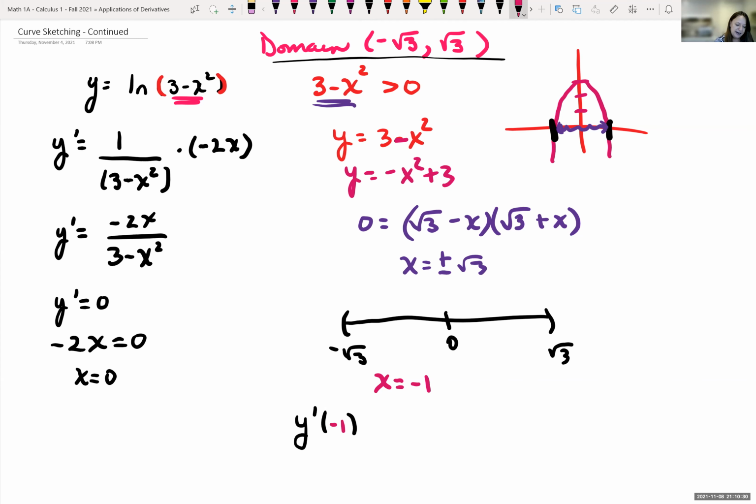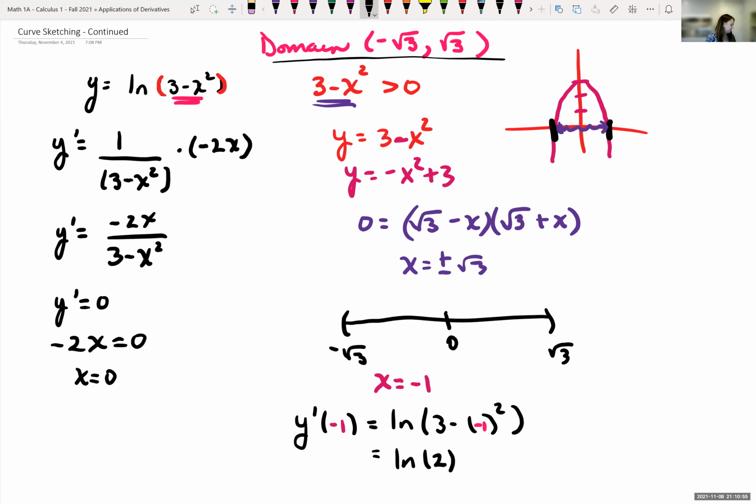If our slope is negative, then it's decreasing. And so plugging this in, we have the natural log of 3 minus negative 1 squared. So this is going to be 3 minus 1, which is 2.